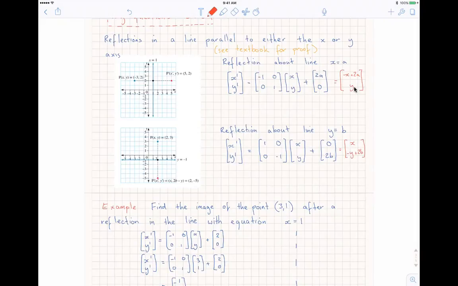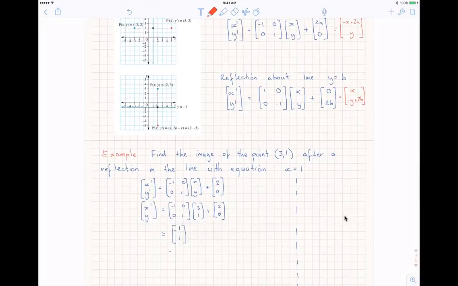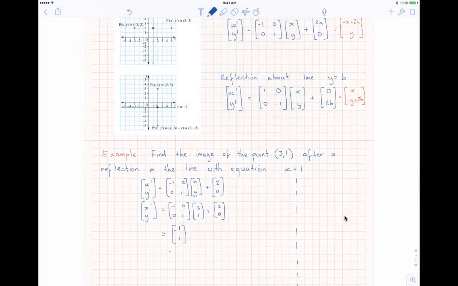And if we use that method when we do this question, this is straight away equal to -x plus 2a over y, substituting our original values in, which are just 3 and 1.